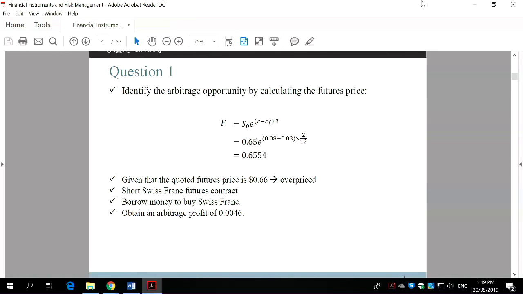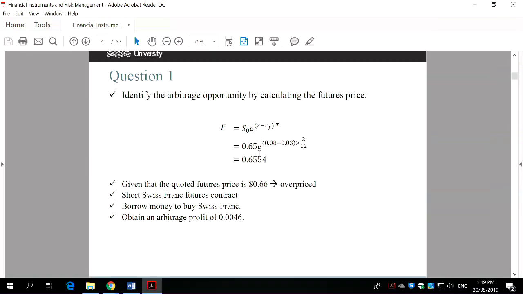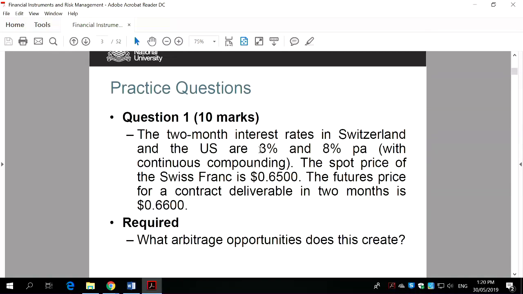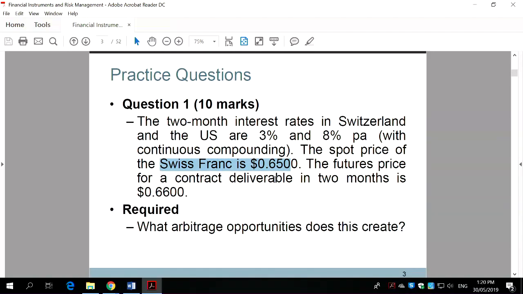So we learned how to determine the future price for foreign currencies. Basically, you take the spot price, 65 US cents. So 1 Swiss franc exchanges for 65 US cents.